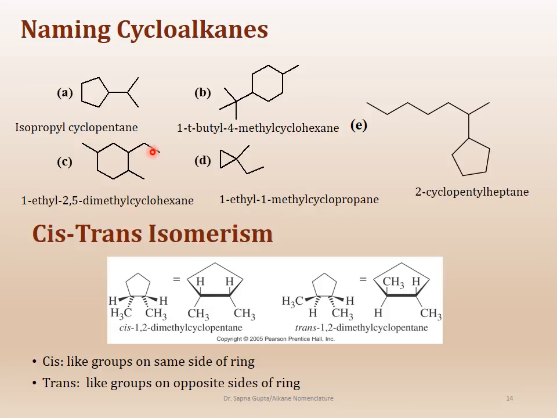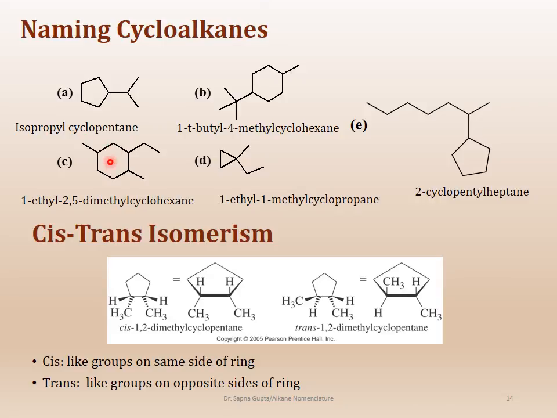If you have 3 substituents, you always number towards the lower numbers. So for example, the numbering here starts from the ethyl group because that is the first one alphabetically. So start from here: 1, 2, 3, 4, 5, 6. This is the way to do it.